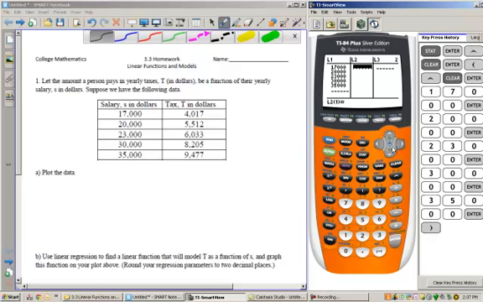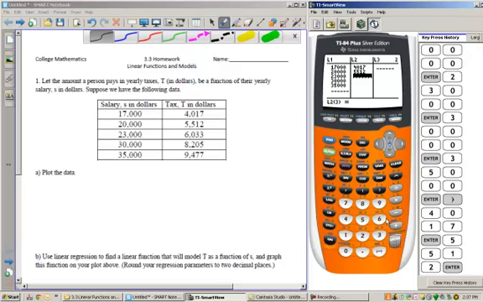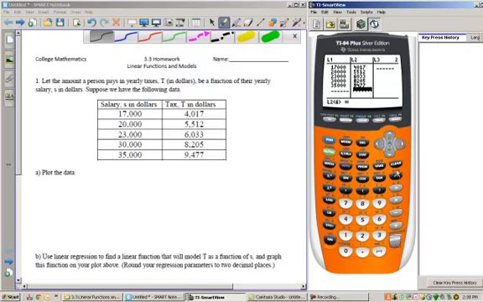Then hit over and put in the output, so 4,017, 5,512, 6,033, 8,205, and 9,477. Once you put in the data, check it to make sure you didn't make any mistakes. All right, that looks good.